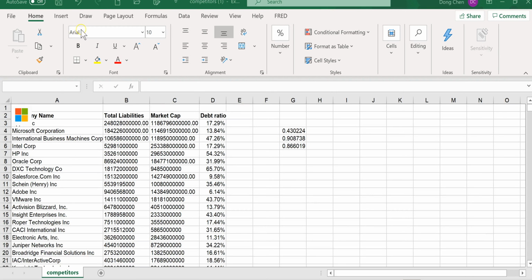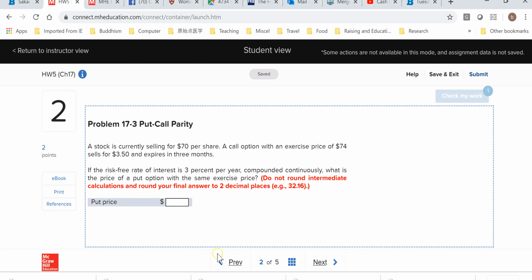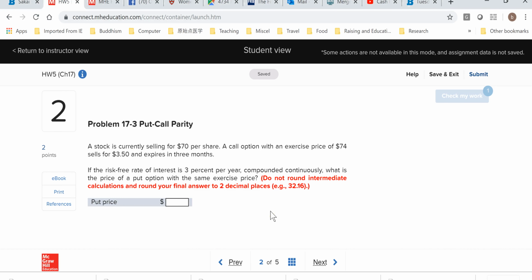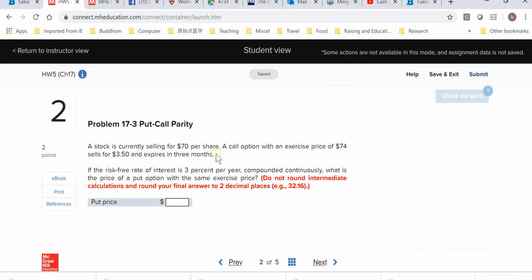So let me open a spreadsheet to solve for the price of the put option. We can first get all the inputs. S here is 70, right? The stock price is $70, and the call option sells for $3.50.